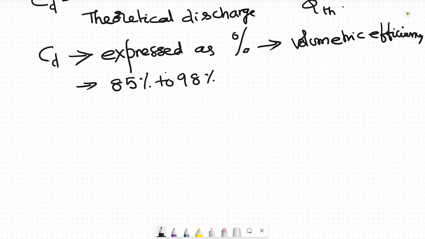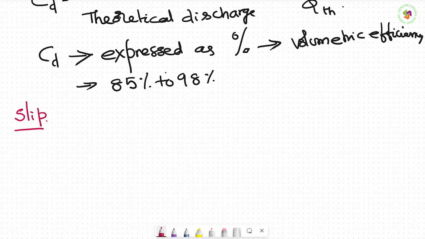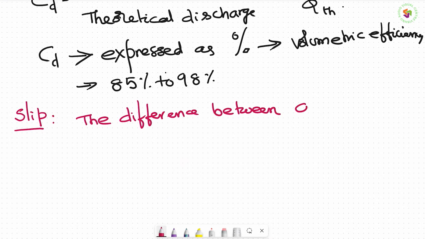Then the second thing, very, very important, I am again repeating to you all. What is slip? Slip is nothing but the difference between theoretical discharge and actual discharge.